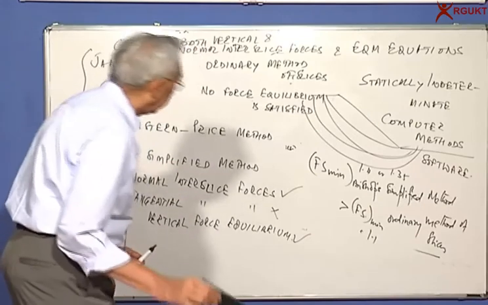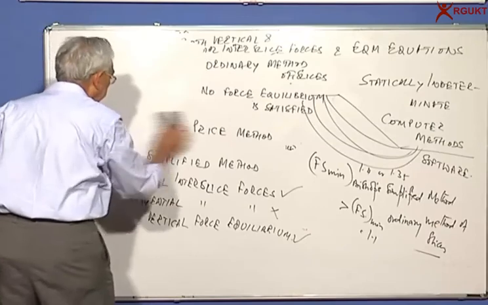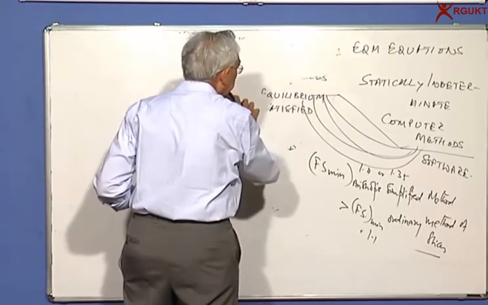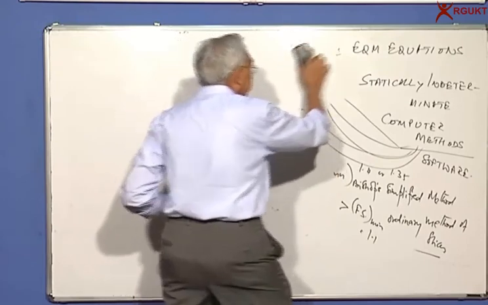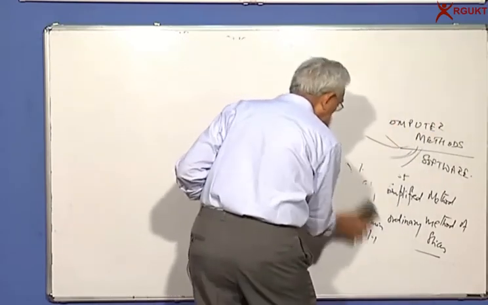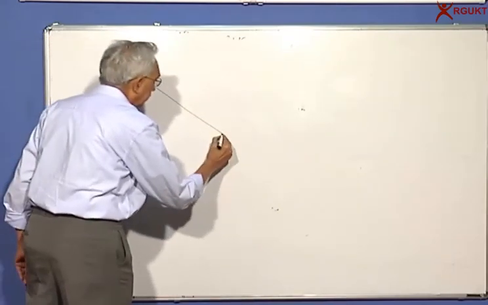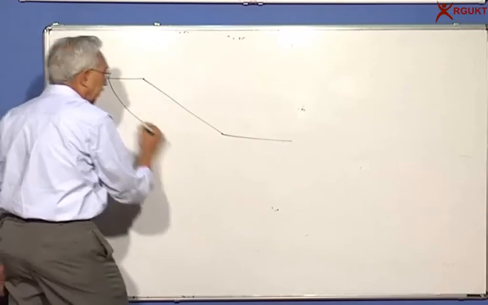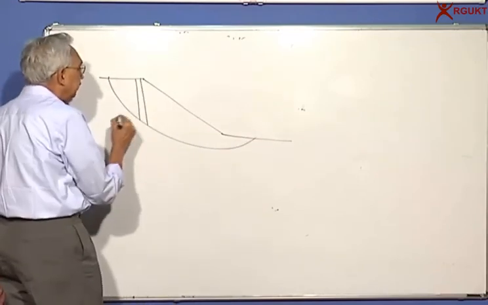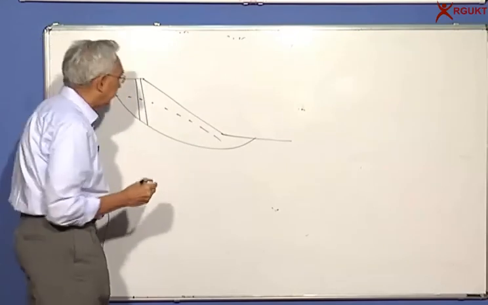One more change I would like to mention, that in case there is water or seepage, how do we handle it? Both in the method of slices or Bishop's method, you have to account for water and the pore pressure. Let us say we have the slope here, and you are looking at the failure surface, and here is the typical slice, and let's say this is the phreatic surface.